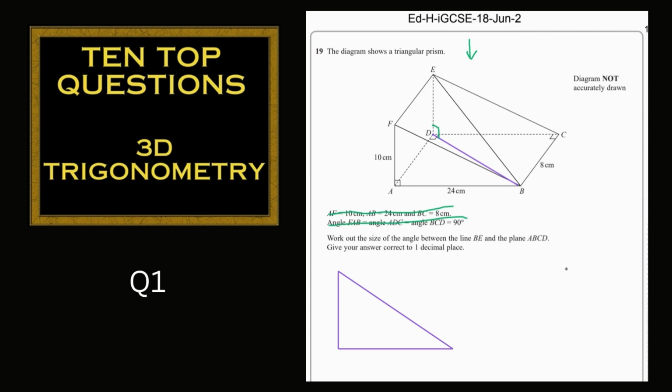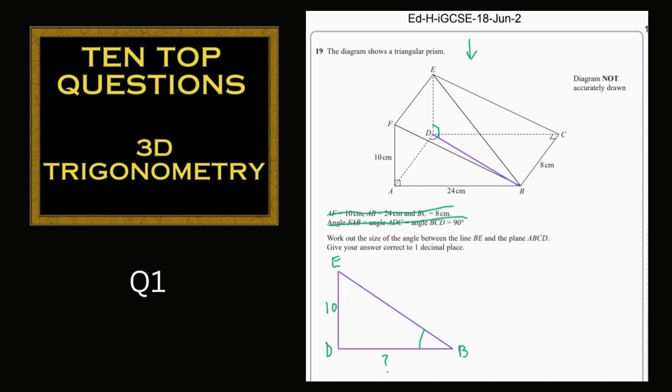So we've got E down to D. That's the vertical line, which corresponds to AF, making it 10. We have the line D to B, which we do not know. Be nice if we did. We'll come back to that, but that's the plane line there, the DB.